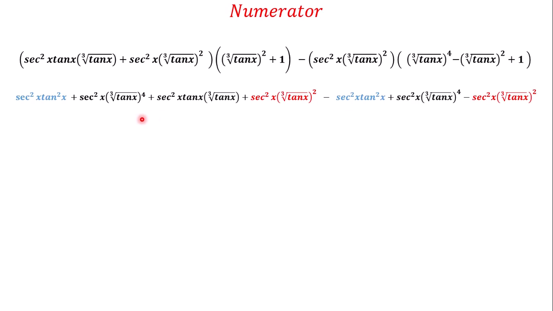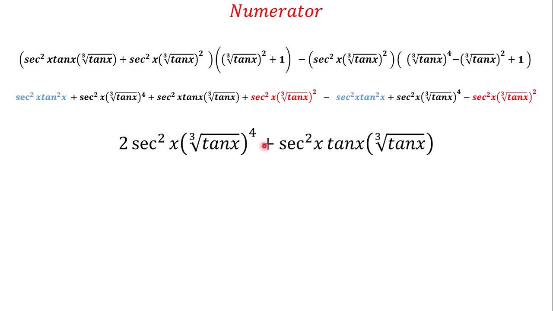Here we are having secant x squared times cube root of tangent x to the power 4 plus secant x squared tangent x times cube root of tangent x, and then here we are having plus this one, which is the same thing as what? This. Okay, so ideally this and then this is the same, so we can add. But what about this? Don't worry, you're gonna find out soon. So let's add. So this plus this one will give us what?